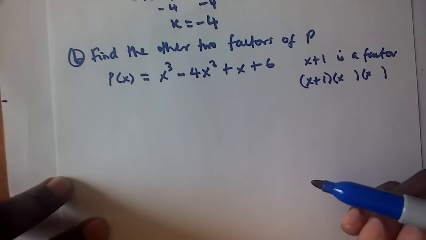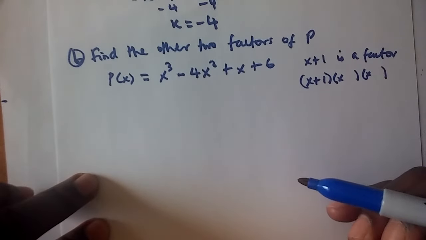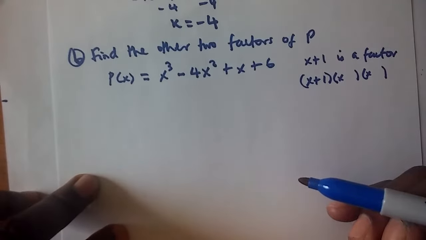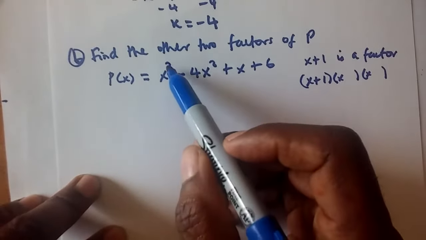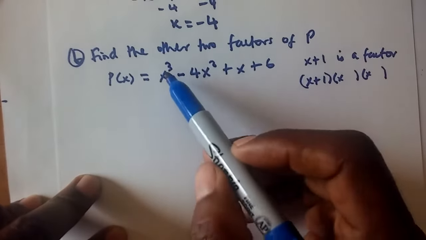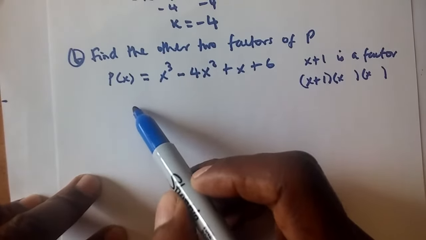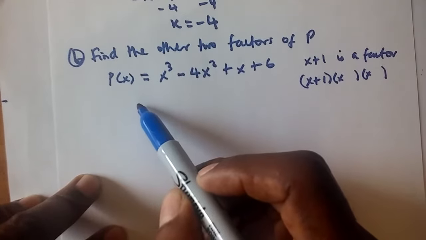So I'm going to use the reverse tabular method to do this because it's easier. I'm going to divide this by x plus 1, so it's going to have a 3 by 2 table.